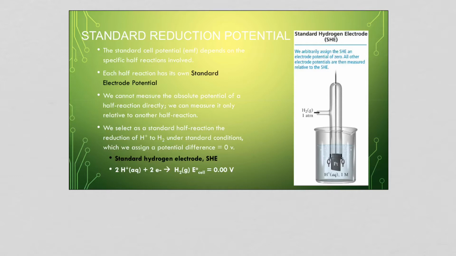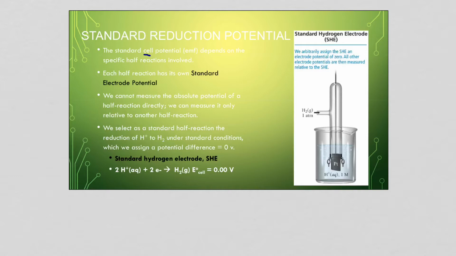So one way that we can approach this is that we can think of each half reaction as having its own what's called standard electrode potential. So we have standard cell potential, which is for an electrochemical cell, and each half of that cell would have a standard electrode potential.